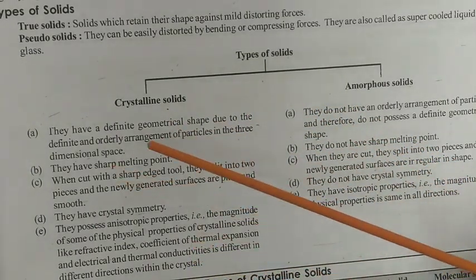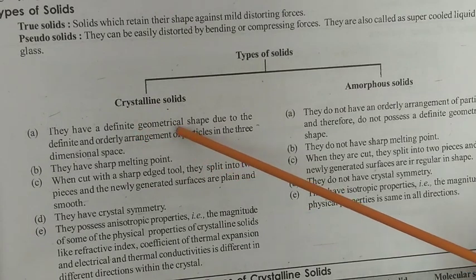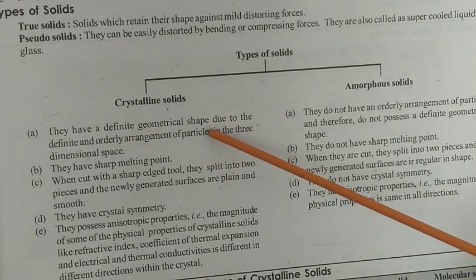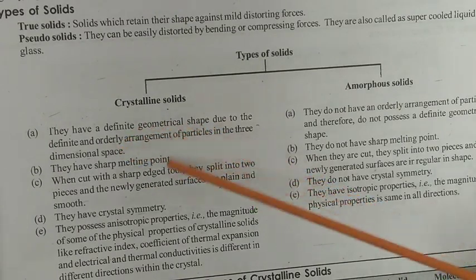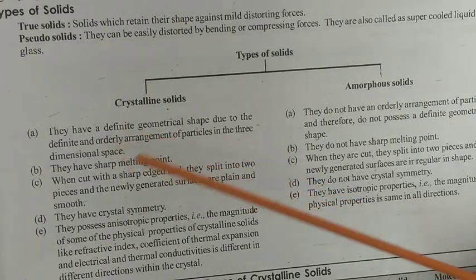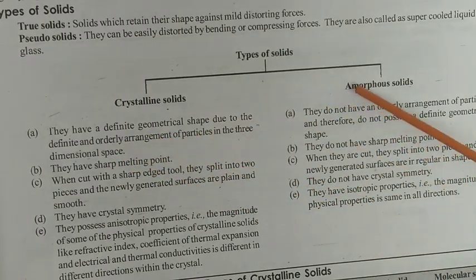Crystalline solids possess a definite geometrical shape, due to the orderly arrangement of the particles in three-dimensional space. Amorphous solids cannot possess any regular geometry, that is, there is no orderly arrangement of particles, therefore they cannot possess a definite geometrical shape.